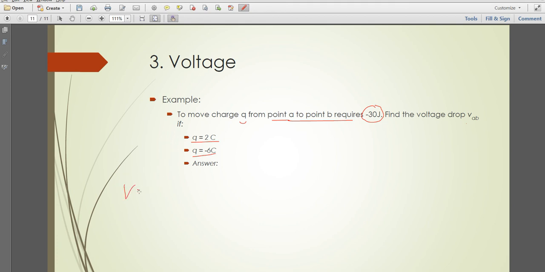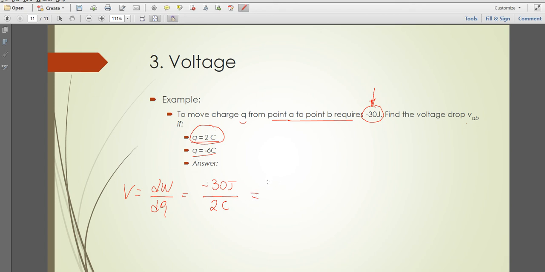Remember that V equals dW over dQ, the derivative of the energy by the differential of the charge. The energy required to move those charges from one terminal to another is given already here, over 2 coulombs.